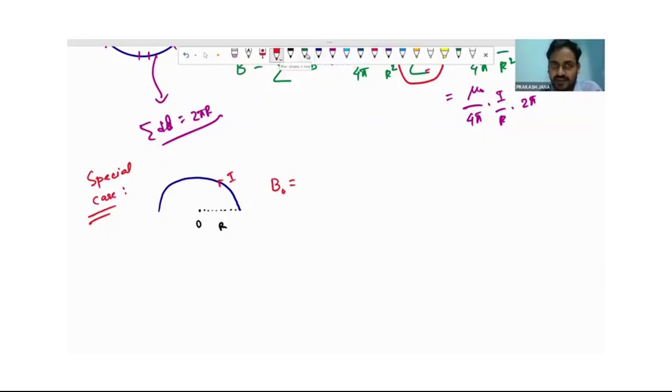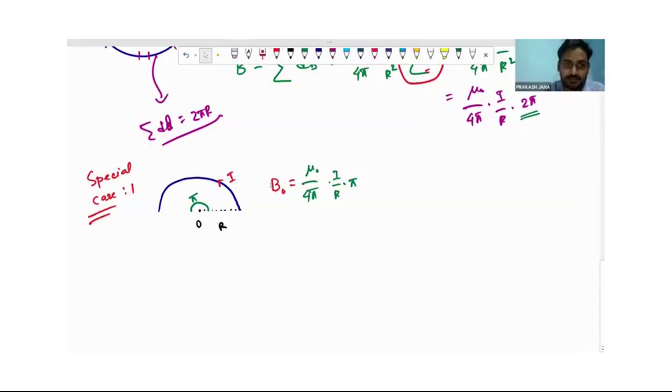Just focus on how I am writing. This is mu naught by 4 pi I by r, and the angle subtended by the arc at the center, which is pi. So I will write here pi. So this is case 1.